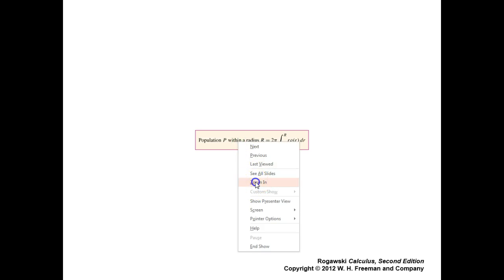Okay, let's see what else. Here's the population within a radius. The population P within a radius capital R would be the 2 pi r, that's your circumference, dr would be the thickness of that, and rho of r would be the area population density.